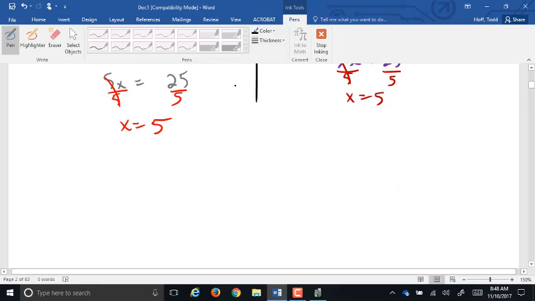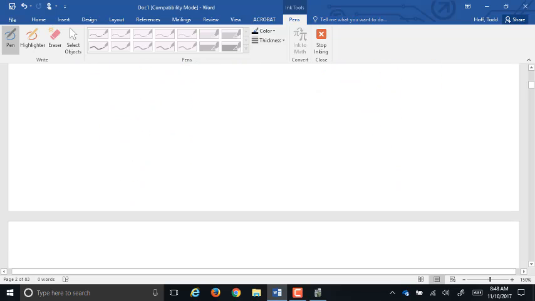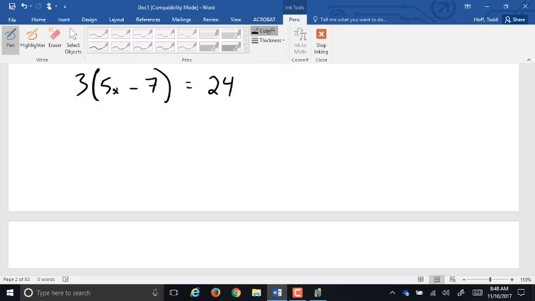We can run into some other variations. What do we notice is different here that sticks out? The parentheses.